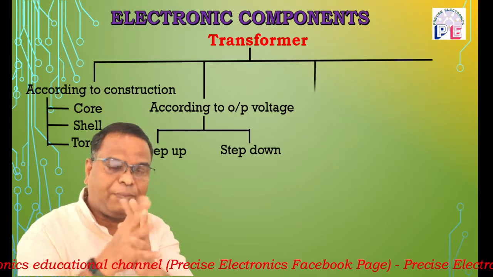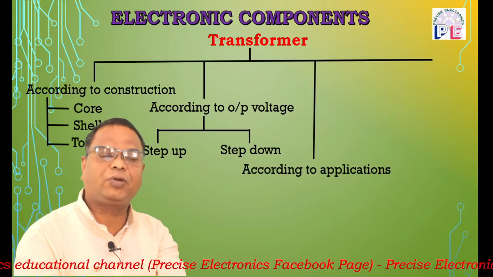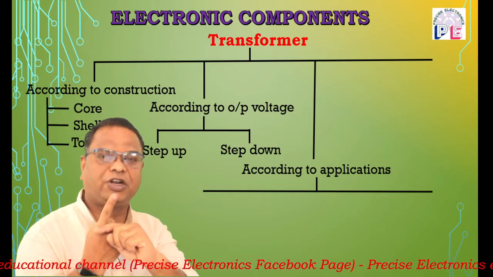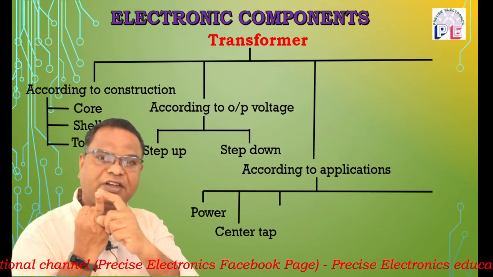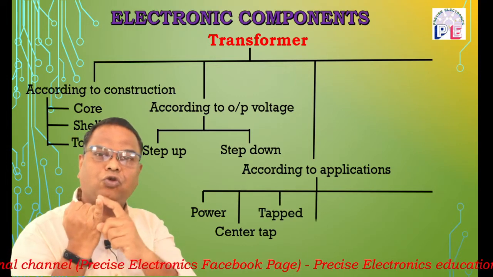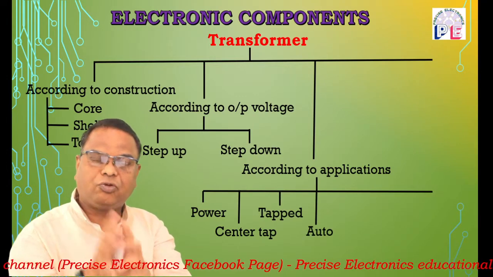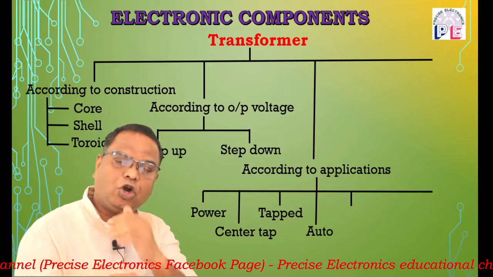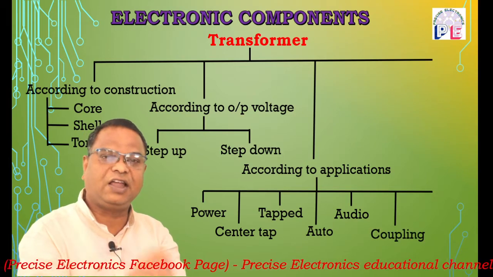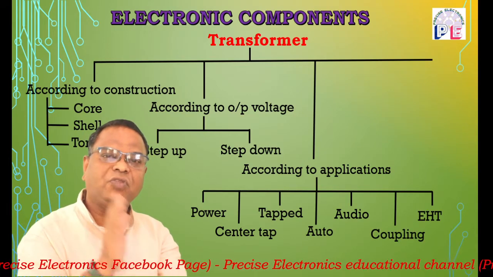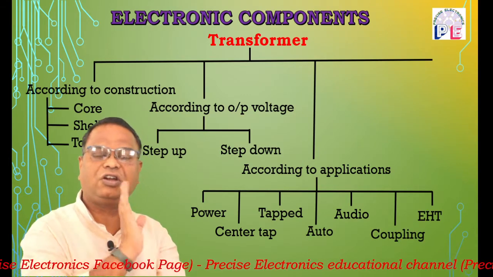And according to applications, the types of transformers are: the first, power transformer; second, center tap transformer; third, tap transformer; the fourth, auto transformer; the next type is audio transformer; next, coupling transformer; and the last type is EHT, extra high tension transformer.